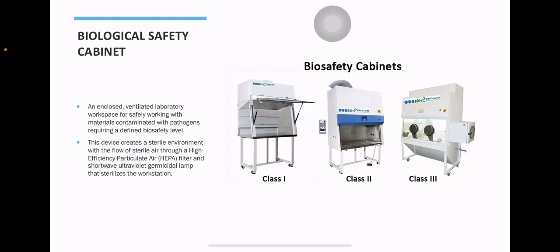Again, only the personnel and the environment are protected by Class 1 BSC. The airflow is inward only, just like a fume hood. So the HEPA filter is on the exhaust, and the air is not HEPA filtered before reaching the sample. Typical usage of class 1 BSC is for low to moderate risk organisms.